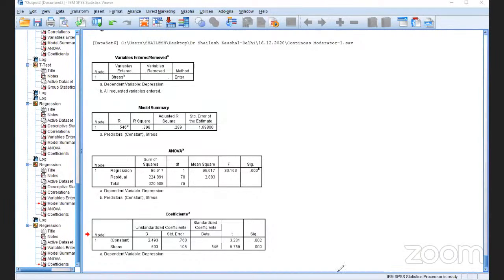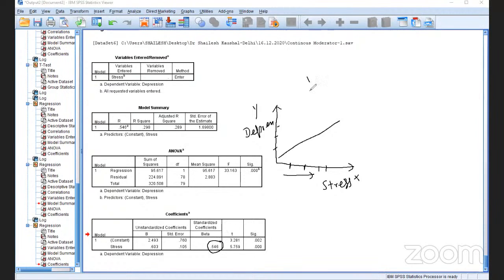Through the graph you can see this is x and this one is y. Stress is the independent variable and depression is the dependent variable. It means when your stress level increases, then depression level also increases.